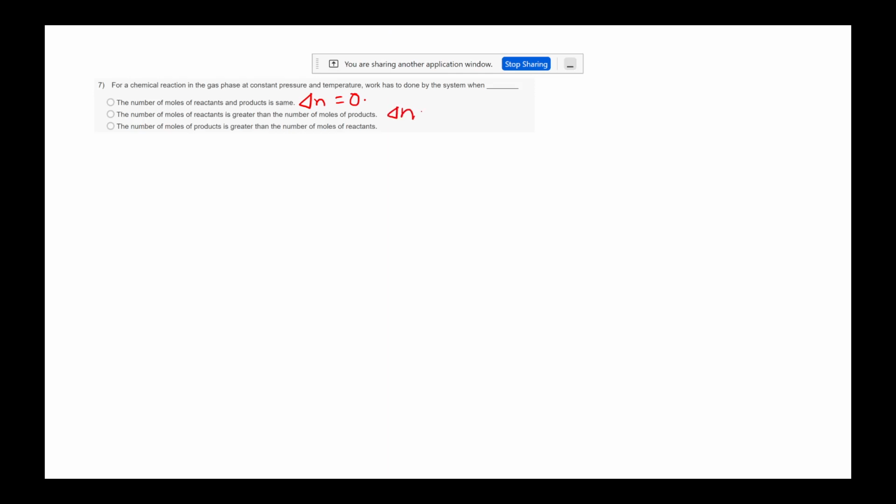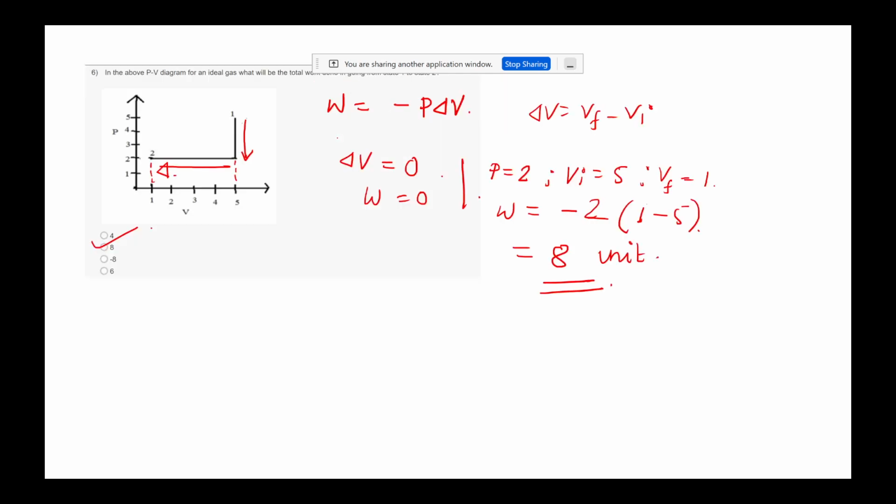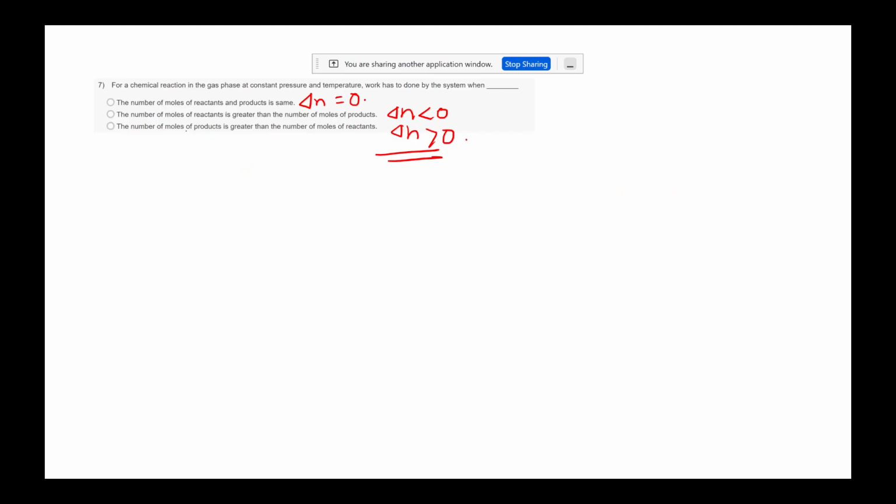Here delta n, number of moles of reactants is, in our logic, delta n less than 0. Here is delta n greater than 0. So that should be the case, because we have done the previous problem, right? This is minus RT. So here work has to be done by the system when number of moles of products is greater than number of moles of reactants. Okay, this is simple, just theory questions, or from the statement kind of a question.